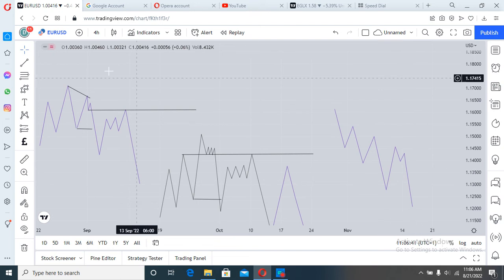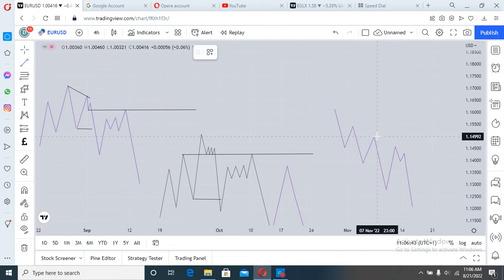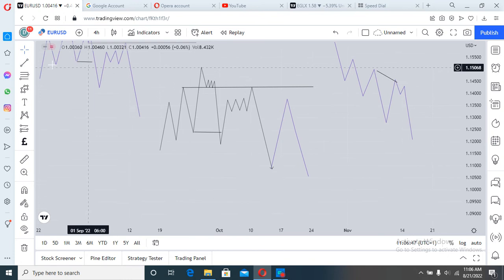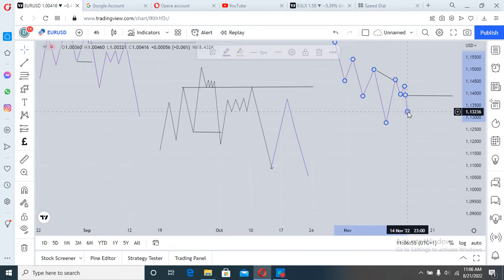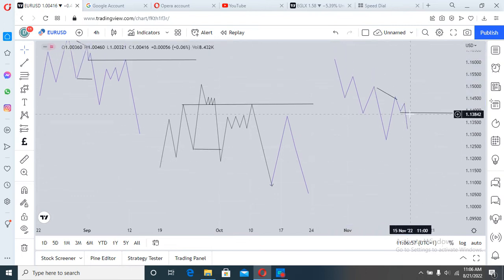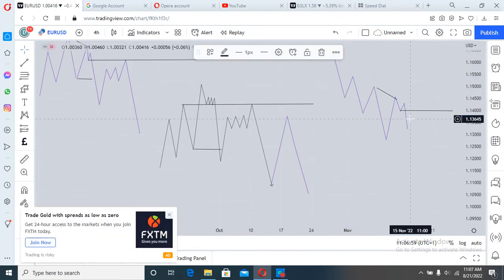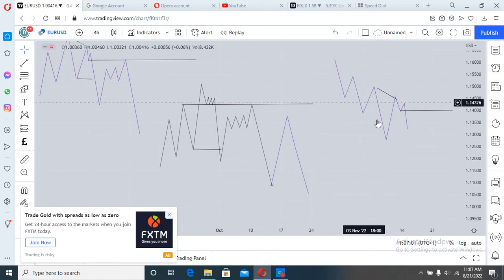Yeah, this is not a shift in market structure. You're having an area of supply here, but if the price is here, you're not expecting to sell at this area right now. This is not a shift in market structure. This is the continuation of a bearish trend.